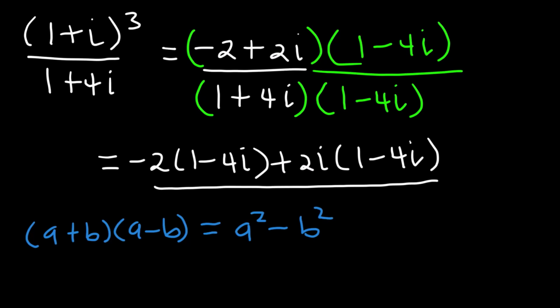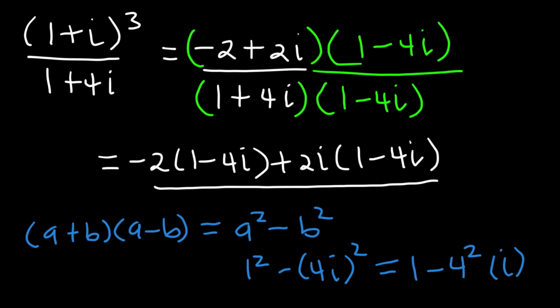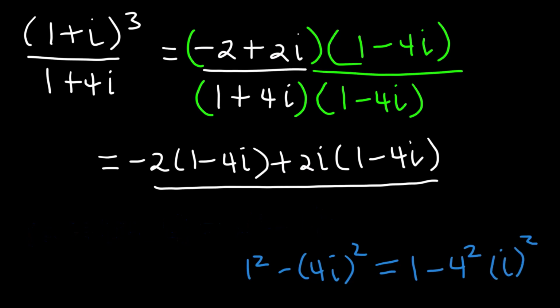Therefore, 1 plus 4i times 1 minus 4i will become 1 to the power of 2 minus 4i to the power of 2. And this will be equal to 1 minus 4 to the power of 2 and then times i to the power of 2. So we shall divide this by 1 minus 4 to the power of 2 times i to the power of 2.